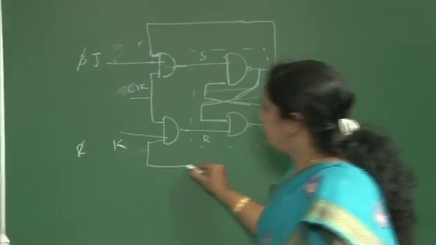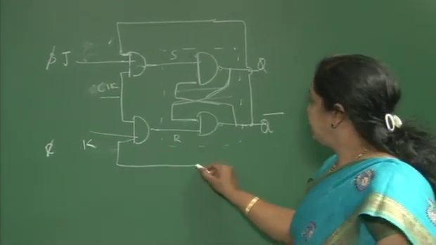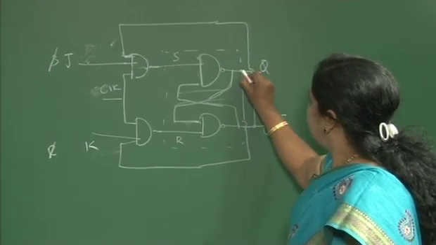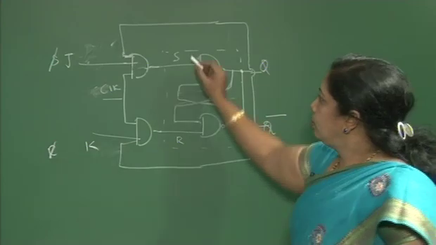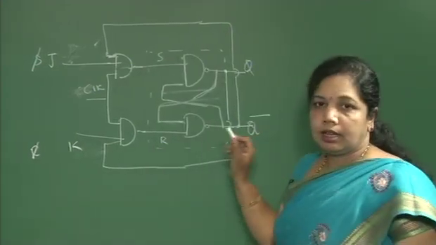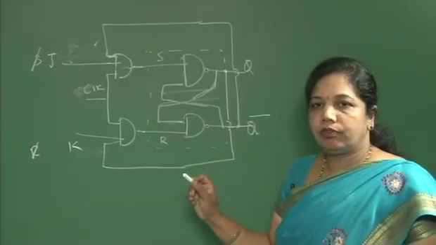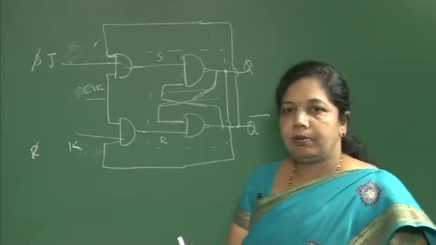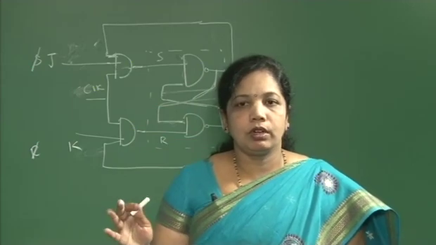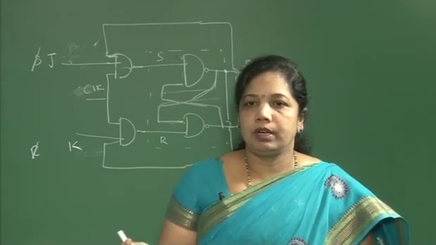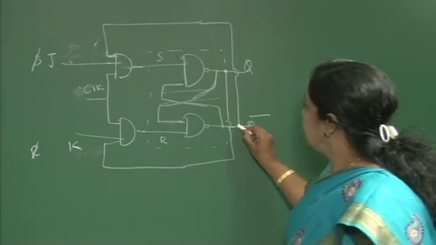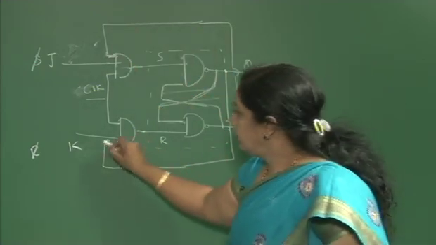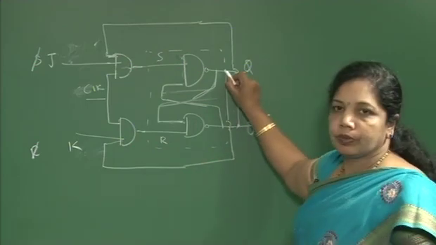Similarly, from this second gate I am connecting back to Q. This is an additional connection that we make in JK flip flop. That is how we transform SR flip flop into JK flip flop in order to overcome the forbidden condition. You can just see here the feedback is Q complement for the upper gate, and for the lower gate it is Q.